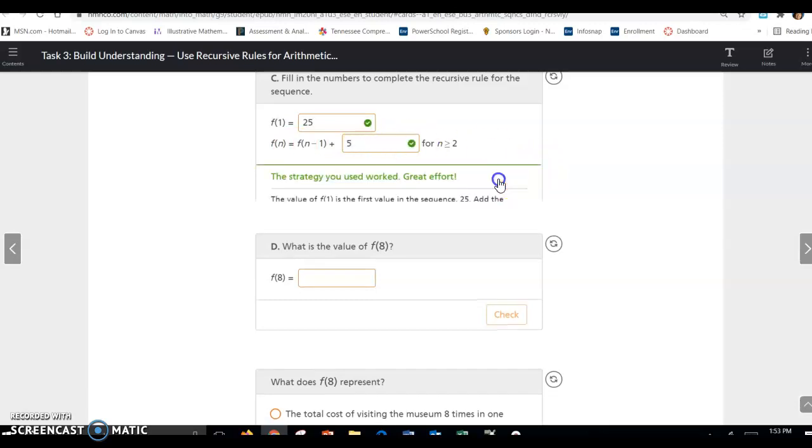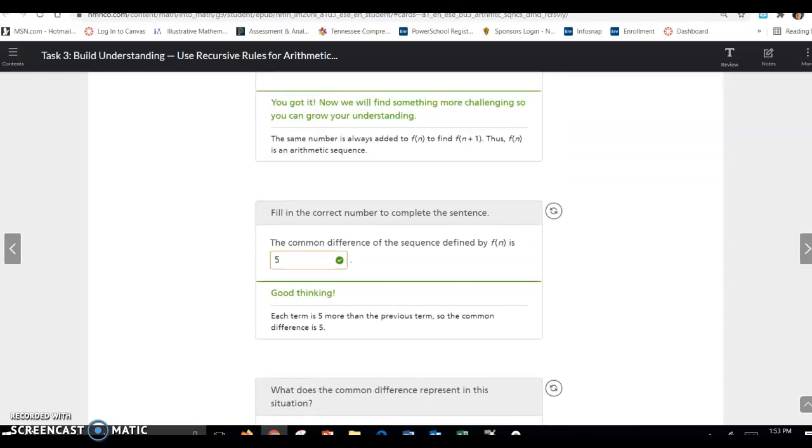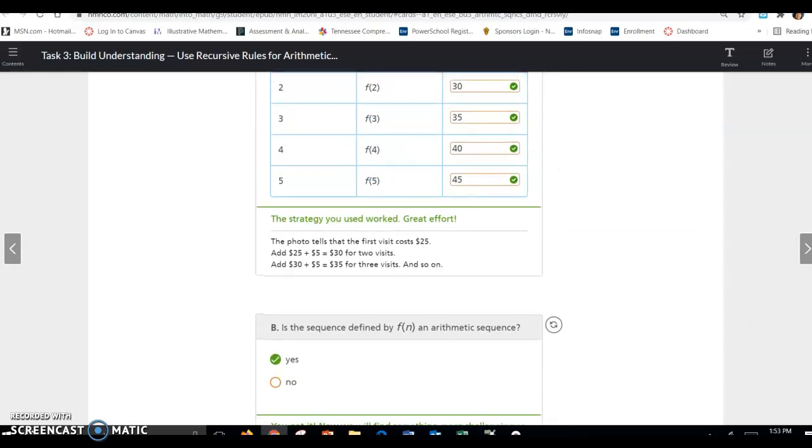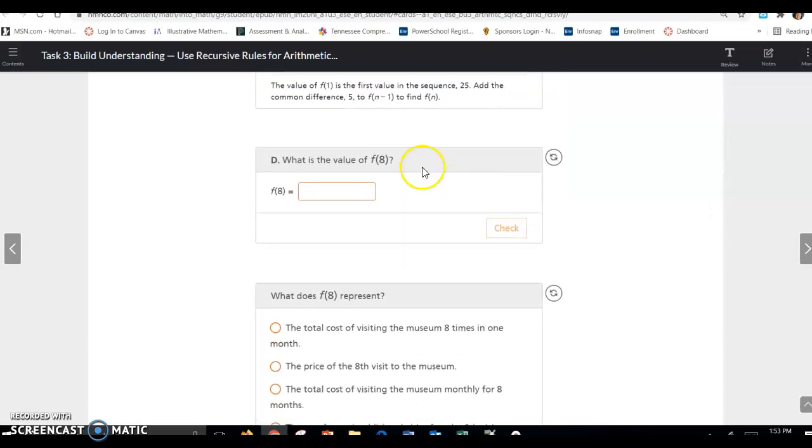So 5 is your common difference. All right, what is the value of f of 8? All right, we didn't go to f of 8. We only went to f of 5. But 5 visits cost $45. So you've got to add 5 three more times. So 45, 50, 55, 60. So 8 visits would cost $60.